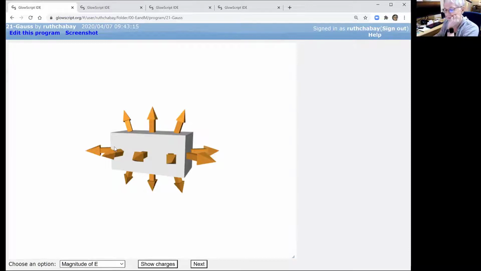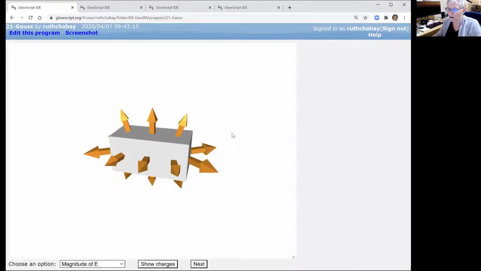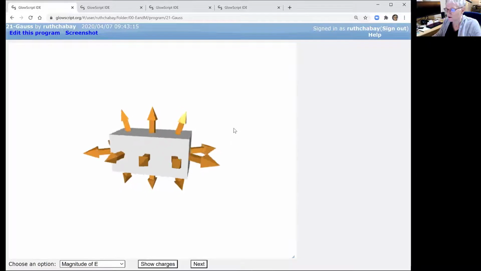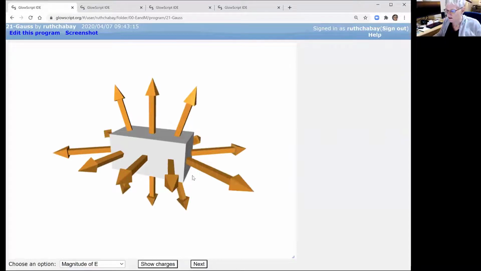Think about this. Here's our box, and we measure the electric field all over it, and it looks like this, and we say good, positive charge inside and whatnot. And then we come back later, we move our box to some other location, and we get this.